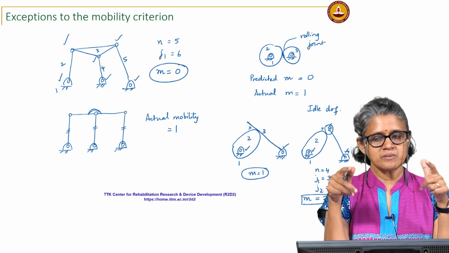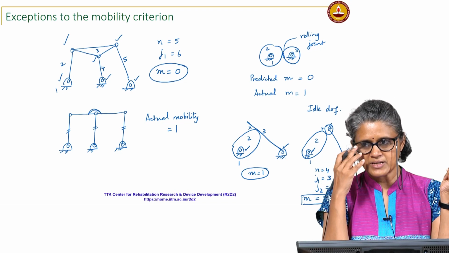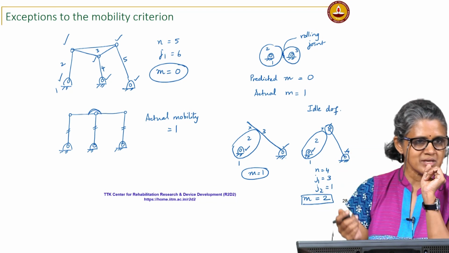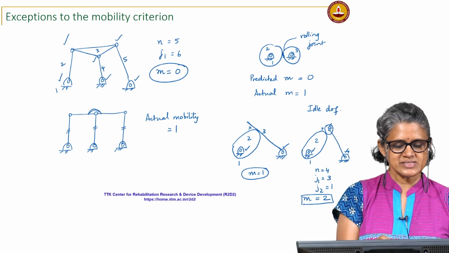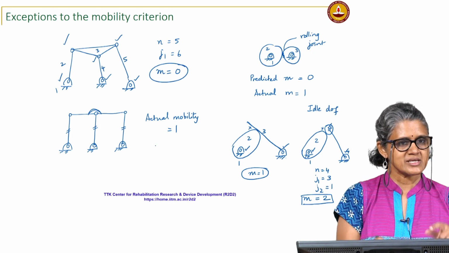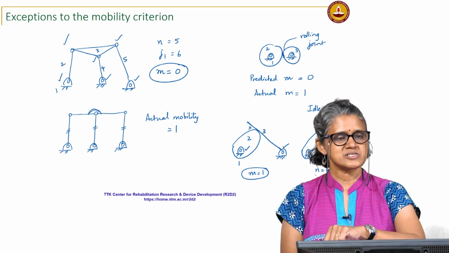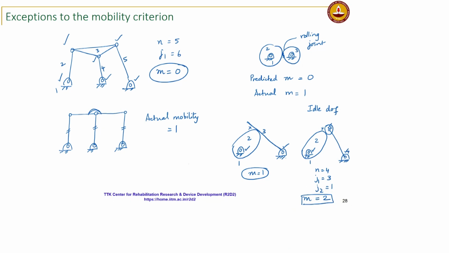So, any degrees of freedom that do not affect the input output relationship are called idle degrees of freedom, and they will over predict the mobility of the mechanism. So, in the earlier case the mobility was under predicted, because the actual mobility is 1, the equation tells you it is 0. In this case the equation tells you it is 2 when the actual mobility is still 1. So, you have to be careful to see actually what is happening with the mechanism.